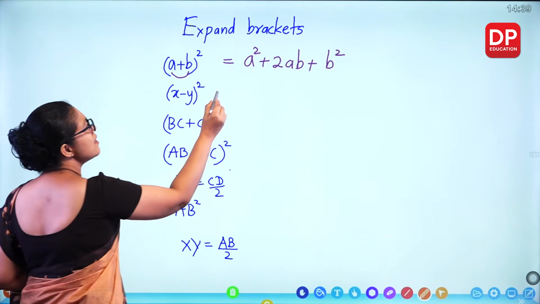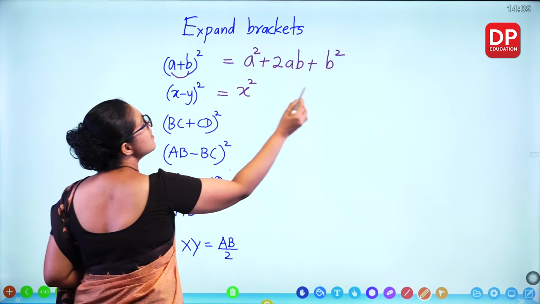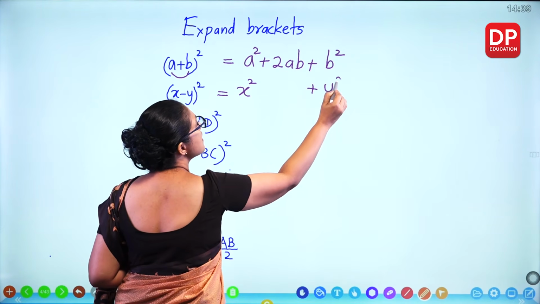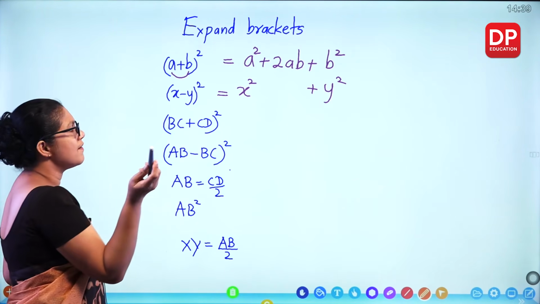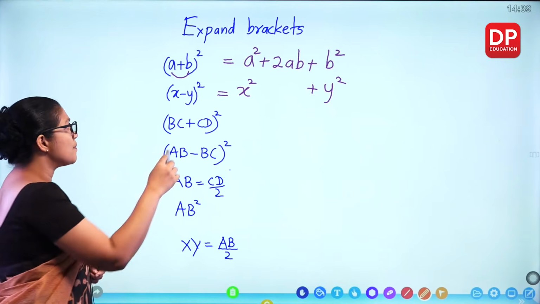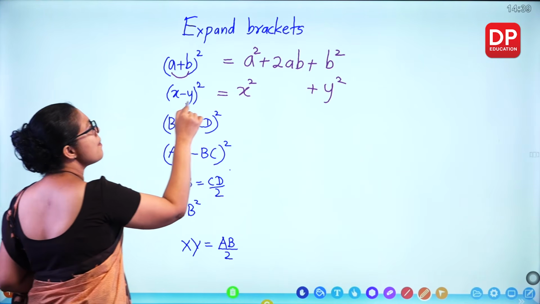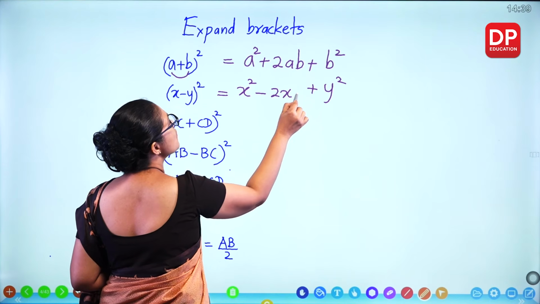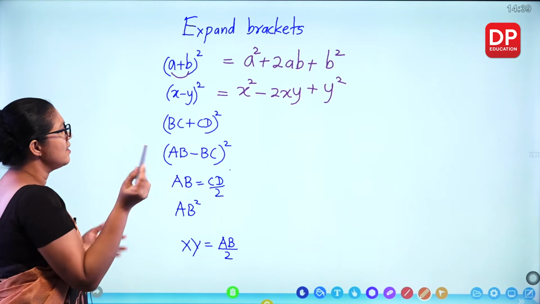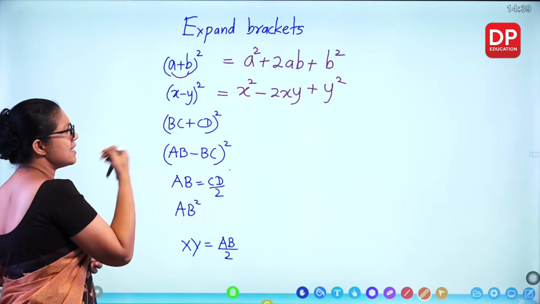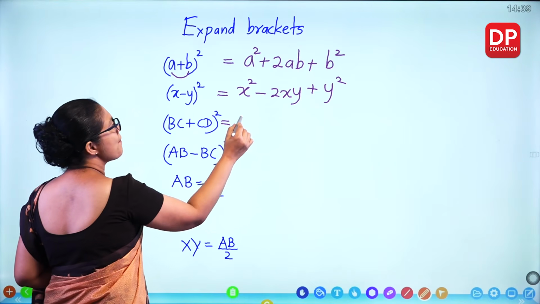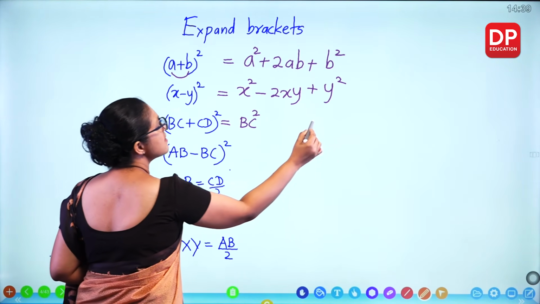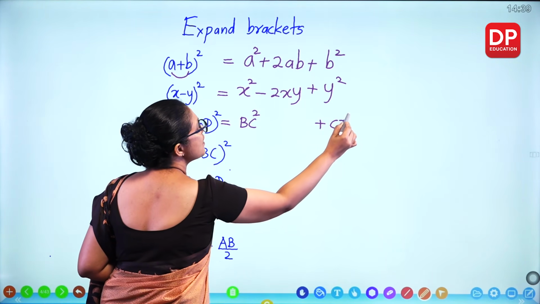What's this one? Square of the first term, square of the last term comes here, always positive. Then the middle term becomes 2 times the product of these two, minus 2xy. This one, two sides BC and CD. You can do the same thing. BC squared, CD squared comes over there.